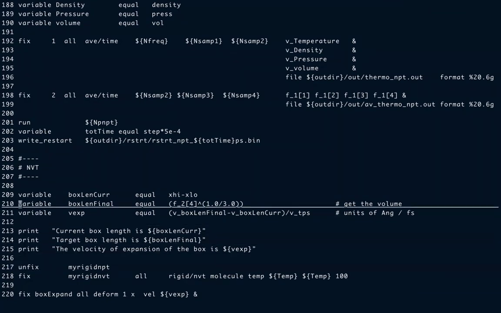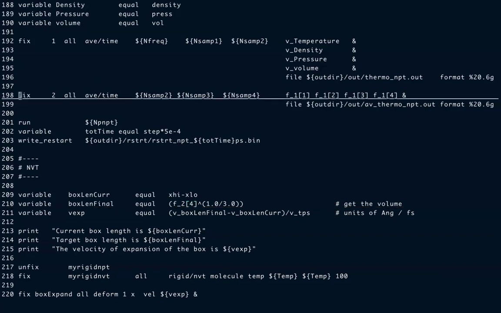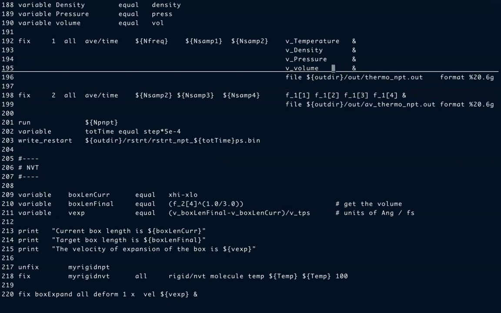And that is given by the variable box length final, which calculates f_2[4]. f underscore 2 basically tells you that this variable comes from fix number 2, that is on line 198, and the fourth variable in this array corresponds to the volume.